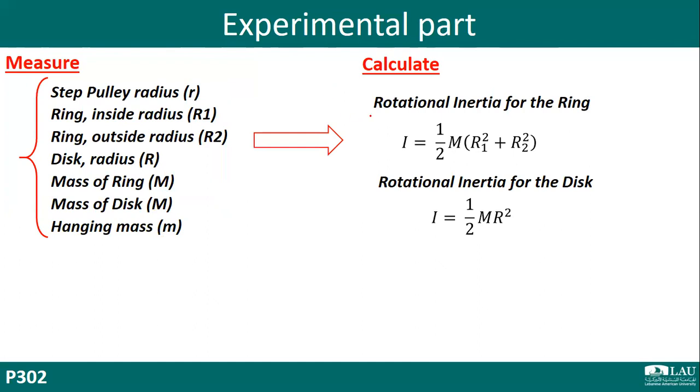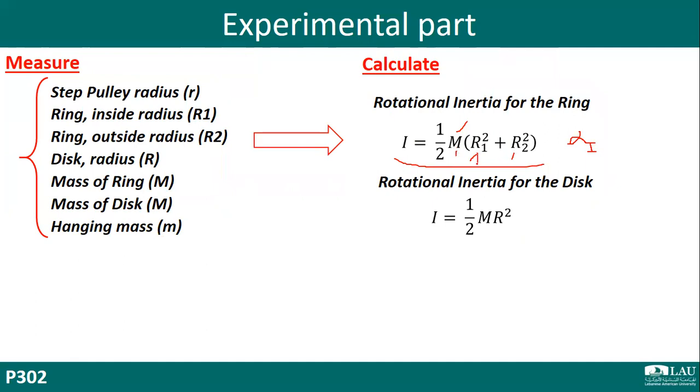Now, regarding the calculation part, or the theoretical expression, for the ring you will use the expression with the measured mass of the ring and the two values R1 and R2 to calculate I. Also here, you need to find alpha I. By applying the propagation of error, how many variables do we have?